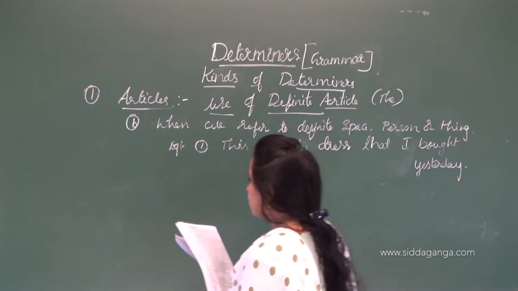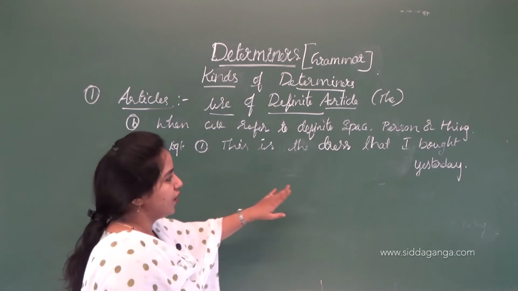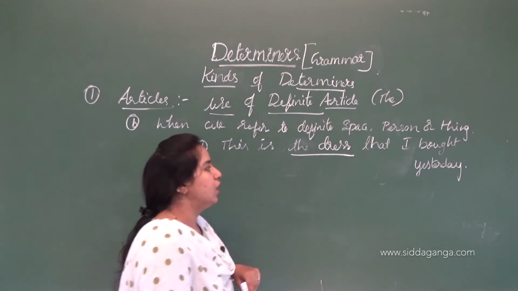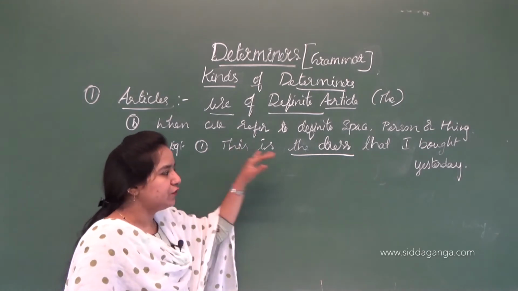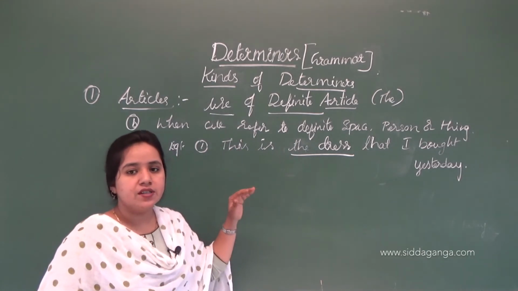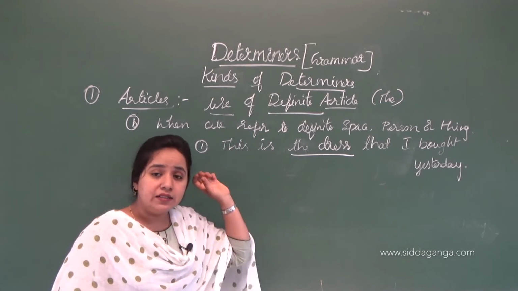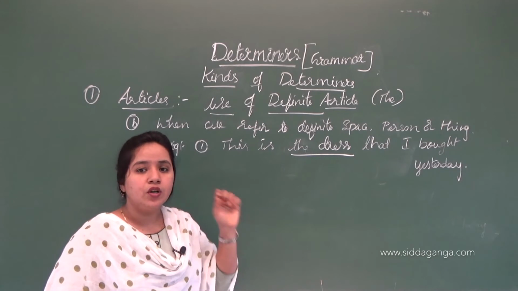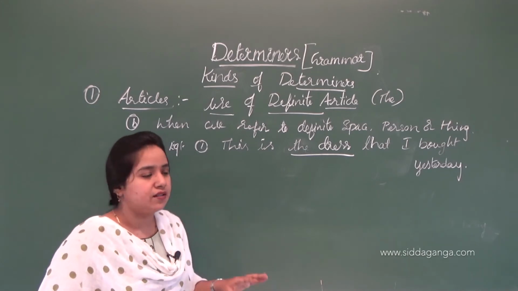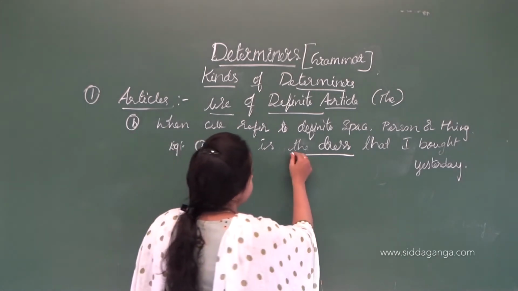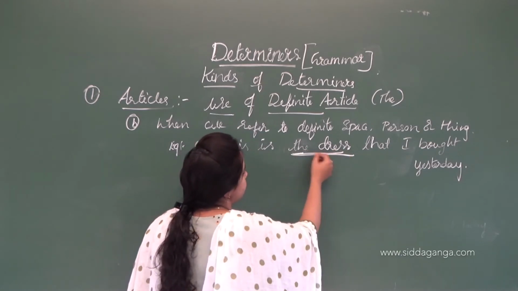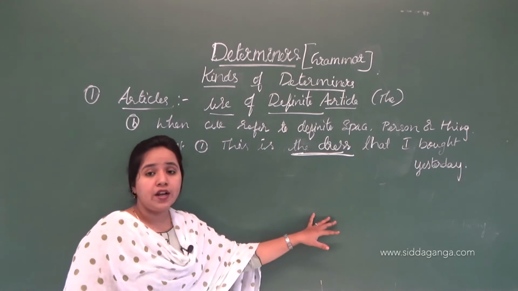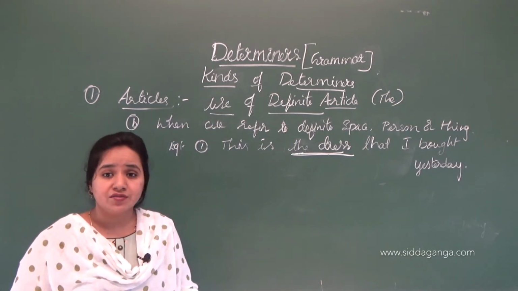You can see in this sentence, the dress. Before the noun, it says about a definite thing, that dress only. It is not other dresses, it is a particular dress. A definite dress. So in that case we use the definite article the before the noun. This is the dress that I bought yesterday.